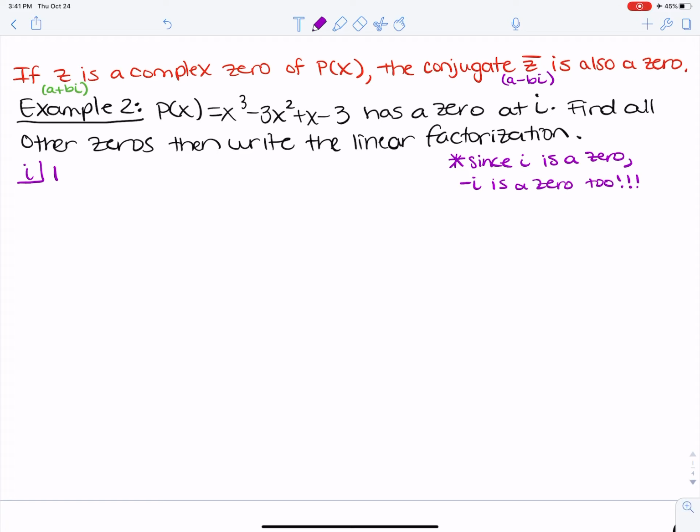So for our synthetic division, take all of our coefficients and list them there, bring down the 1, and now let's multiply. i times 1 is i. And now we have to add these. Well, you can't technically add that, so you just have to leave it as a sum, -3 plus i. And then multiply, so that's -3i plus i squared.